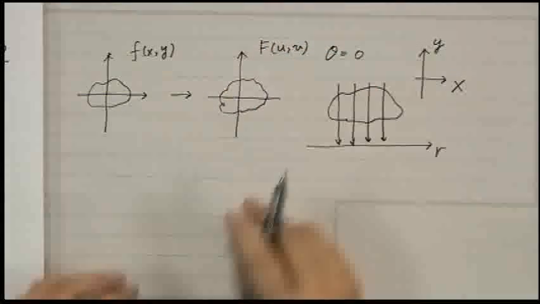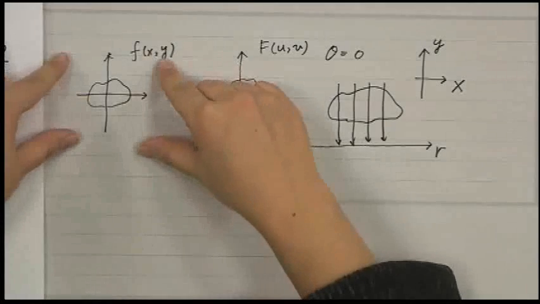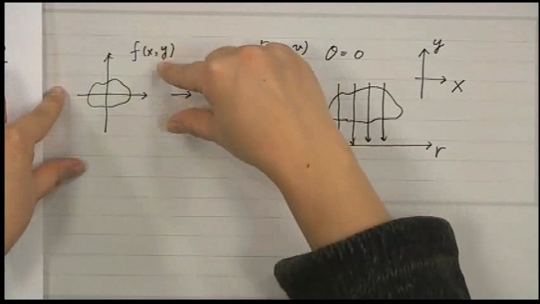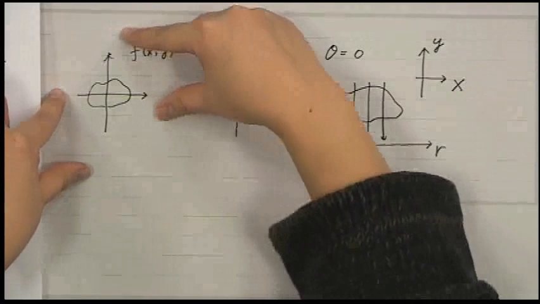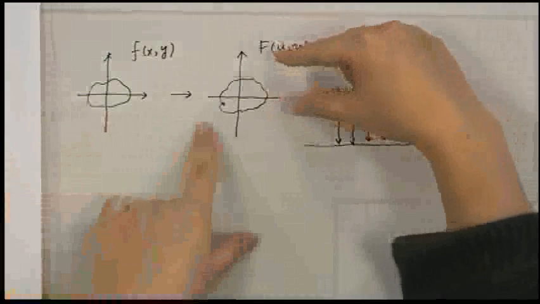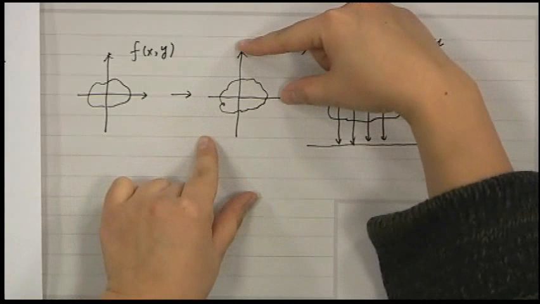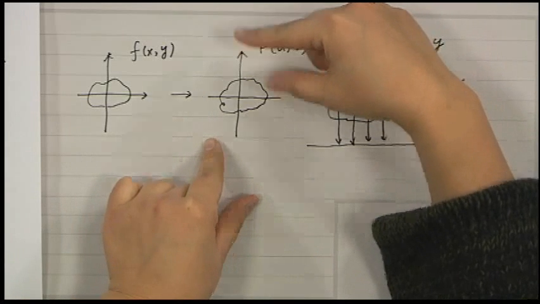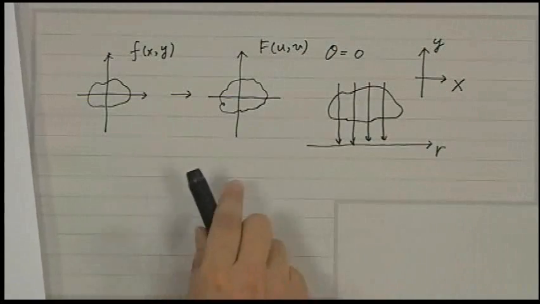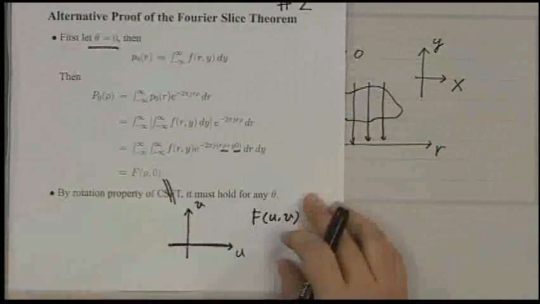Okay, and the rotation property says if we rotate this f(x,y) by a certain angle phi, let's say, then the Fourier transform of f(x,y) also rotates by the same amount. That's the rotation property. So if we use this property, we are done with the proof.